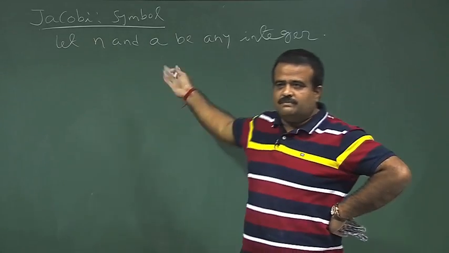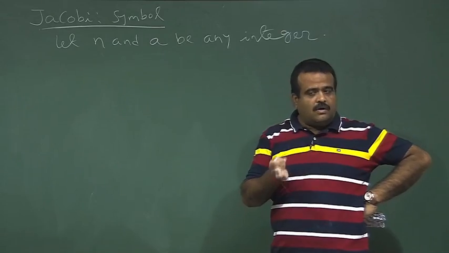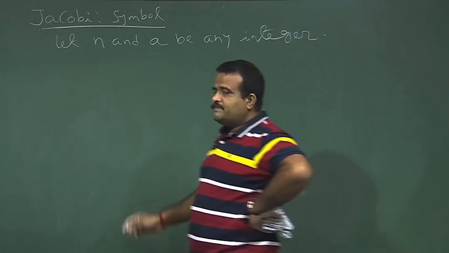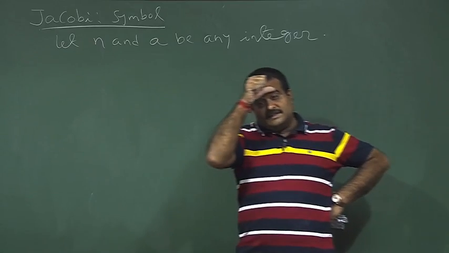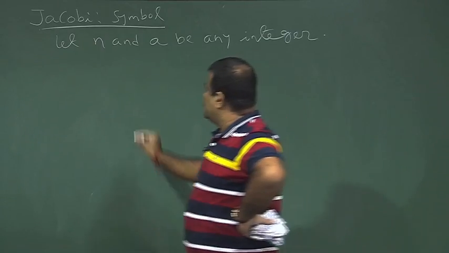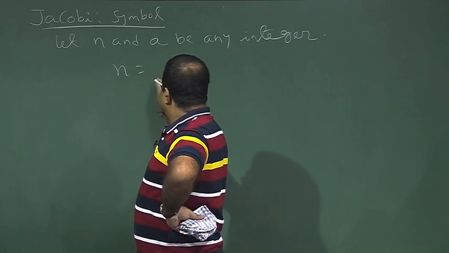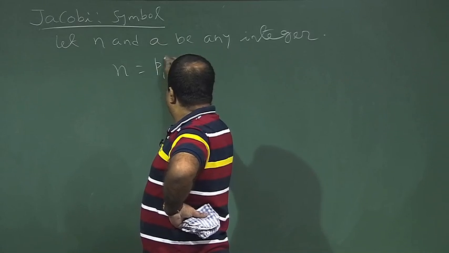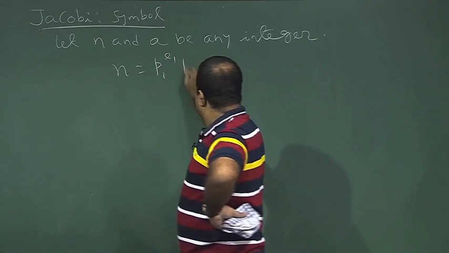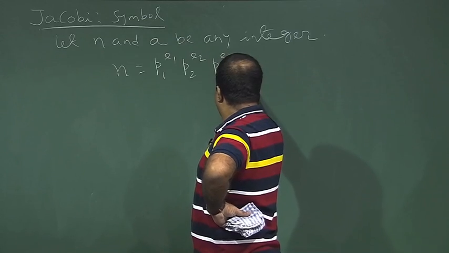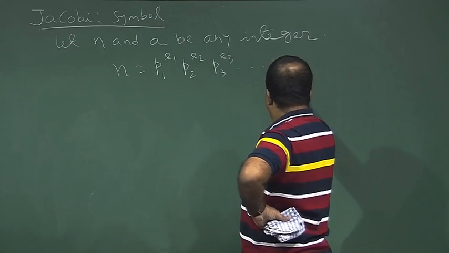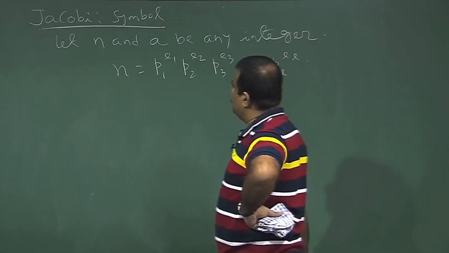If it is a prime, we have the Legendre symbol. If it is not a prime, then it must be written as a product of primes, by the fundamental theorem of arithmetic. So n must be written as P1^E1, P2^E2, P3^E3, up to PL^EL, a product of primes.